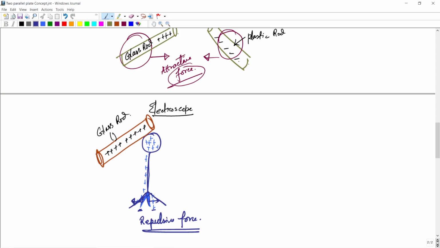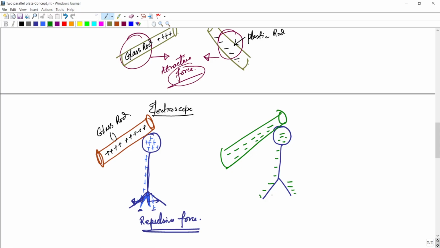If I take the same metal ball and touch it with a plastic rod, suppose this plastic is negative, then the metal ball also has negative charge.